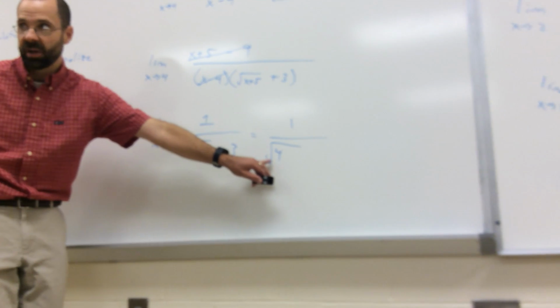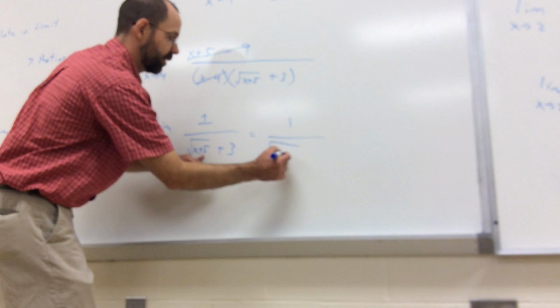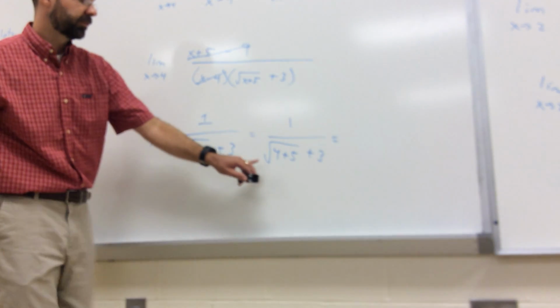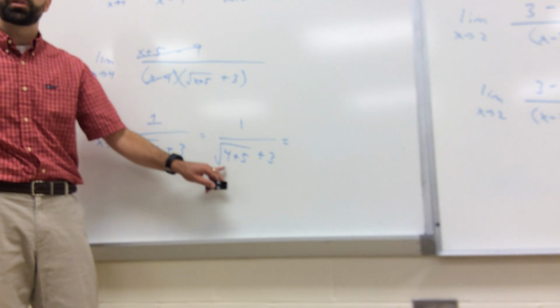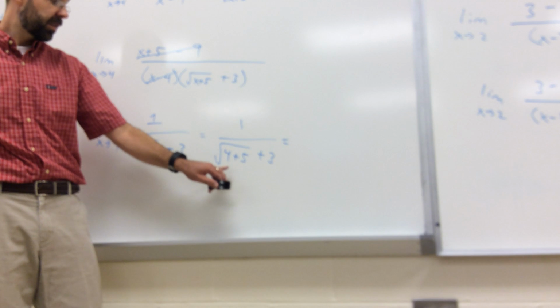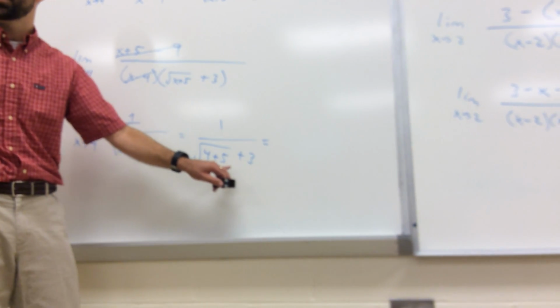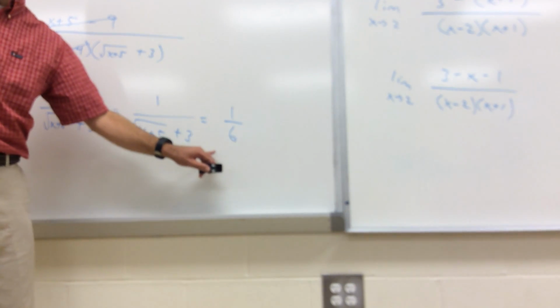The answer's 4. Plus 5, right? Plus 3. Then 5 plus 4 is 9. Square root of 9 is 3. 3 plus 3 is 6. So I got 1/6 for my final answer.